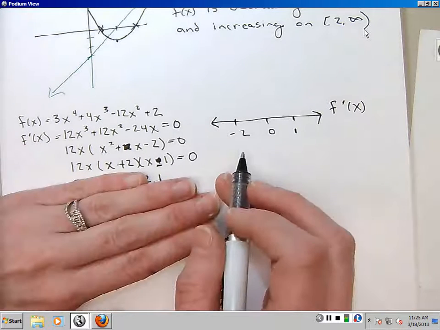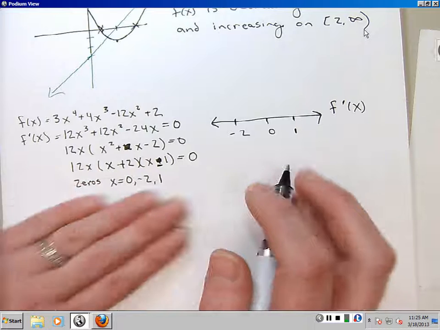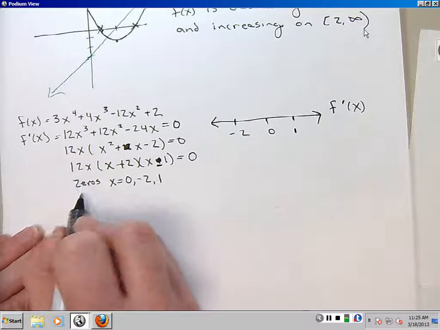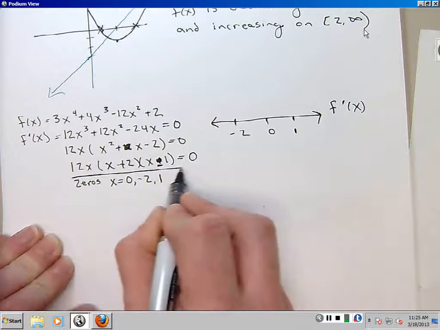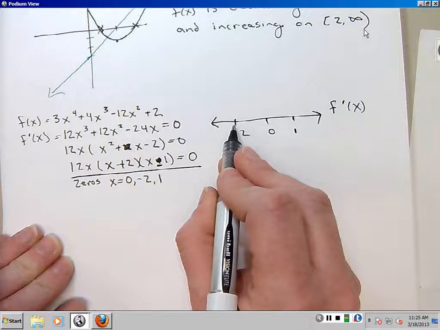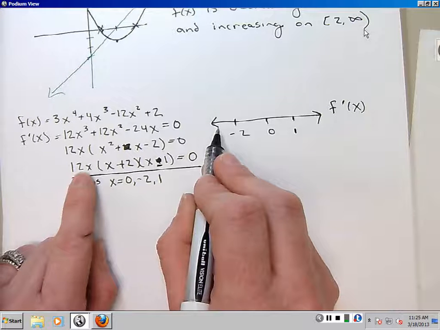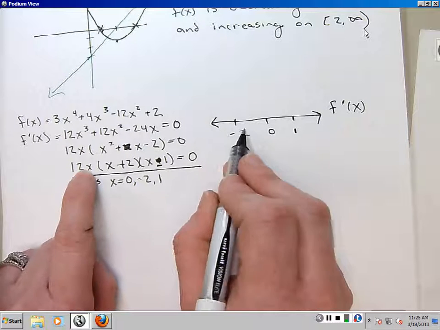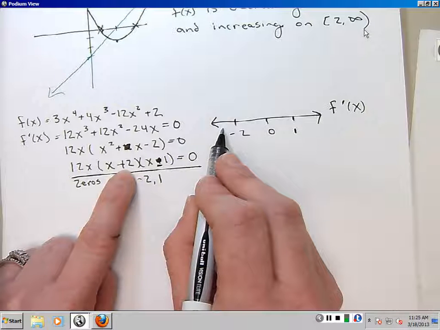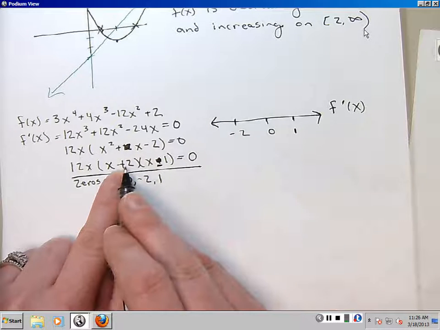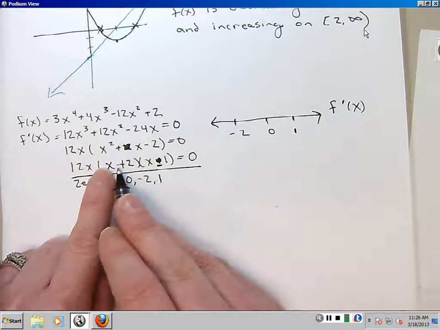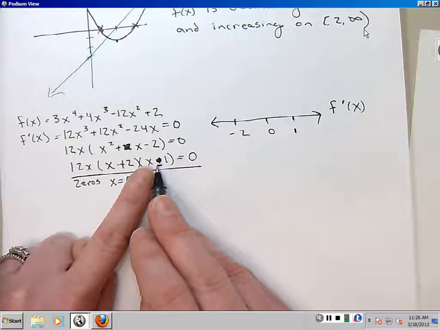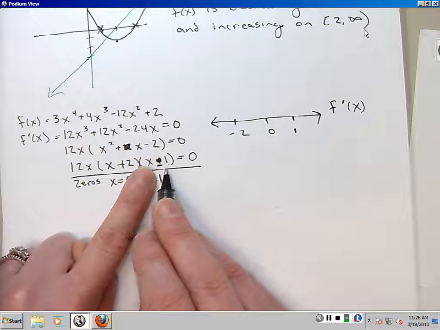So let's look at this, and I'm going to actually do it both ways. So this is my factored derivative, right? If I plug in a point less than -2, this factor is negative, right? And this factor is also negative. Let's say -5 plus 2 is still negative. And then a negative number minus a number is negative.